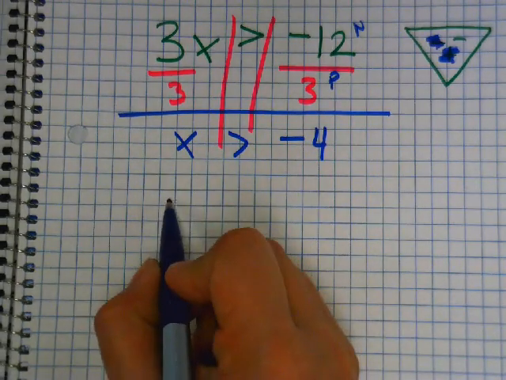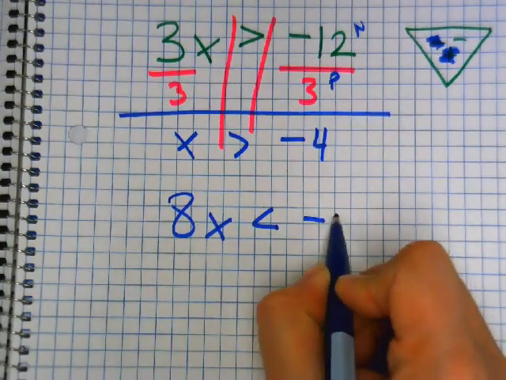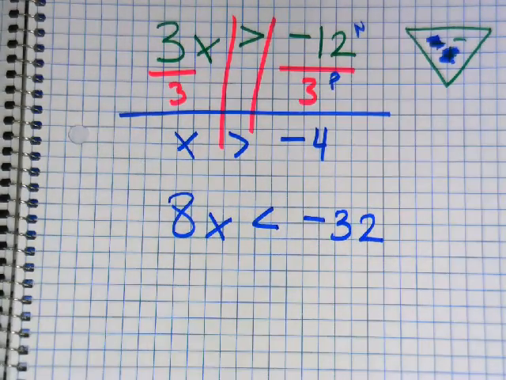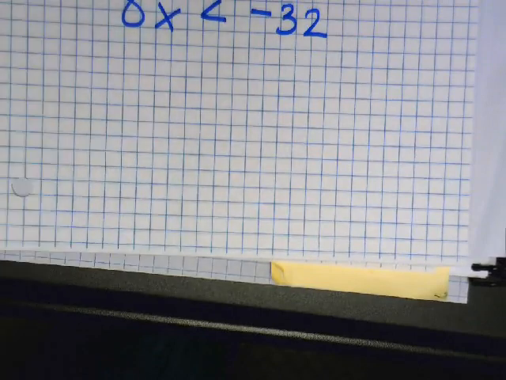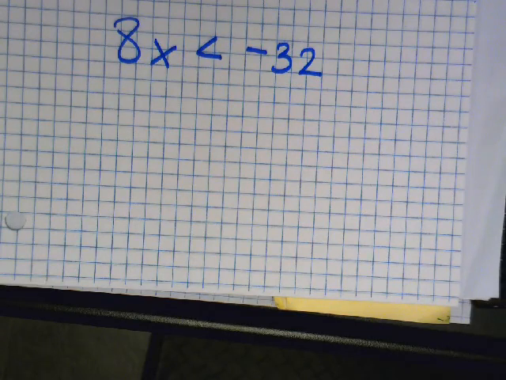All right. 8x is less than negative 32. 8x is less than negative 32. I think it's x is less than negative 4. Right?